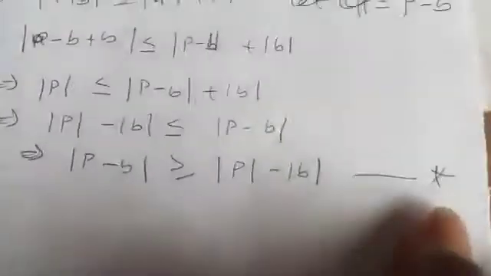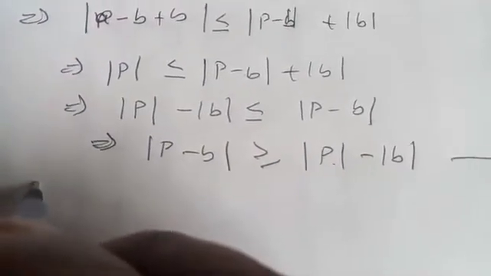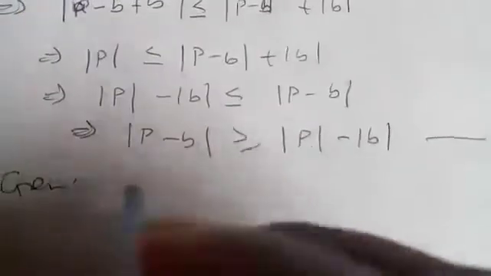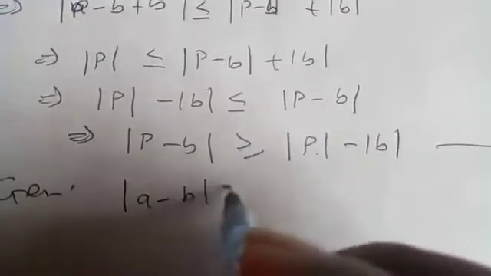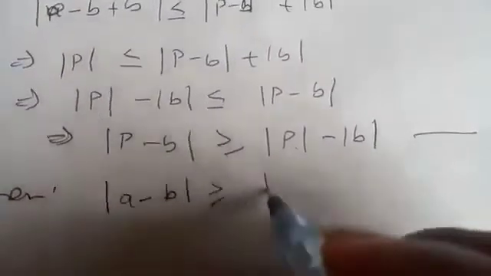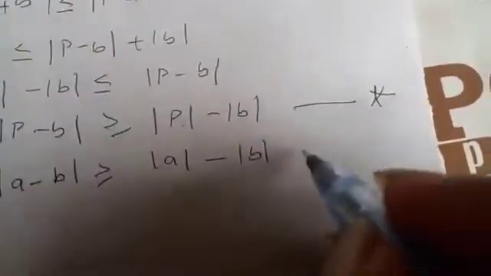So this is another important result when it comes to inequality. That is, the absolute value of p minus b is greater than or equal to the absolute value of p minus the absolute value of b. Now we can generalize it and say that generally, the absolute value of a minus b is greater than or equal to the absolute value of a minus the absolute value of b.